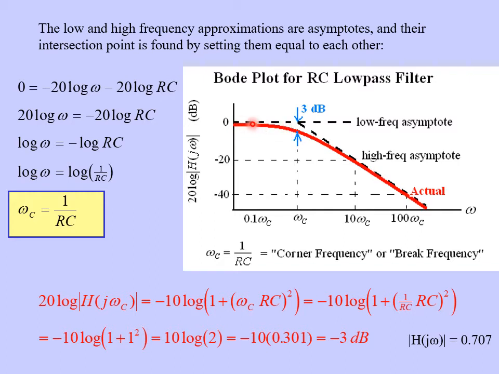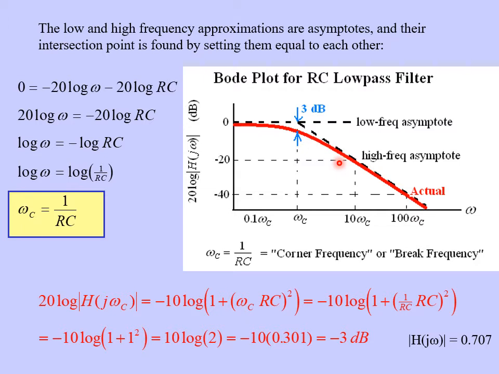We follow the asymptotes at low frequency and at high frequency, and then near the corner we know that we have to dip down by about 3 decibels. So I can draw this curved line like this. This is a way to hand plot a Bode plot without using a computer to actually graph this, and it's an important skill to have, to be able to do some hand sketches like this.